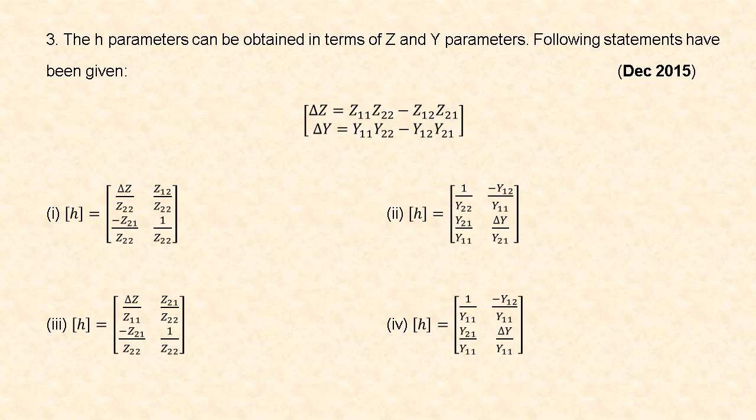And they have given the H parameters in terms of Z and Y parameters. First, H is equal to del Z by Z22, Z12 by Z22, minus Z21 by Z22 and 1 by Z22, and second one, H is equal to 1 by Y22, minus Y12 by Y11, Y21, 1 and del Y by Y21.